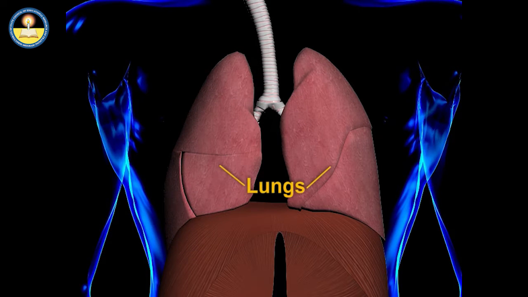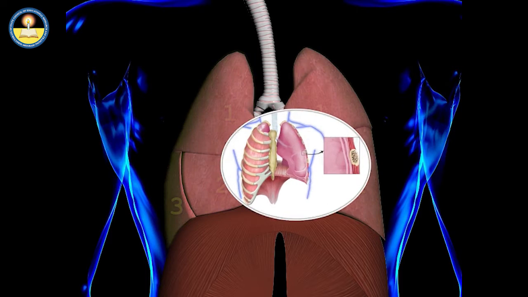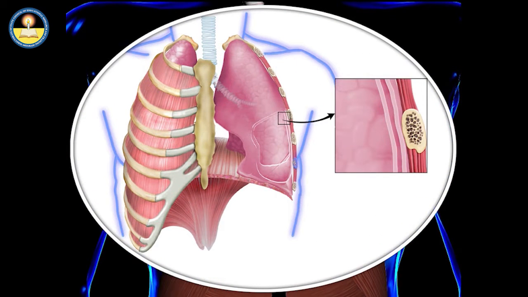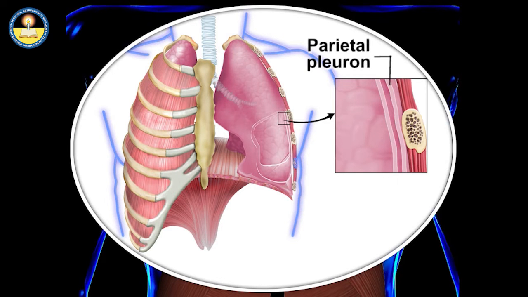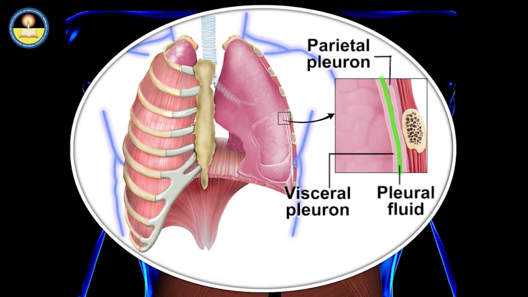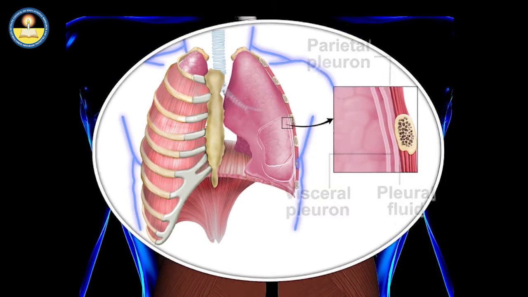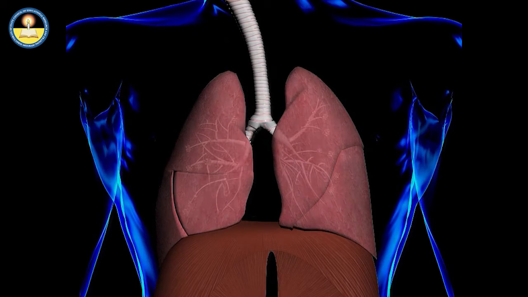We have two lungs, with the left being divided into two lobes and the right into three lobes. The lungs are covered by a two-layered serous sac called pleura, the parietal pleura and visceral pleura. The fluid filling the spaces is called pleural fluid. It provides frictionless movement to the lungs apart from protecting them from mechanical shock.